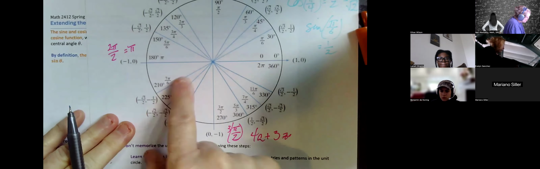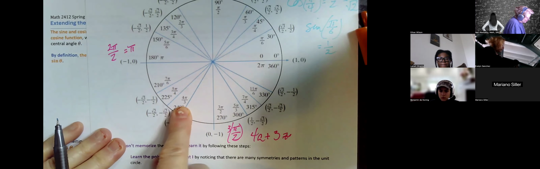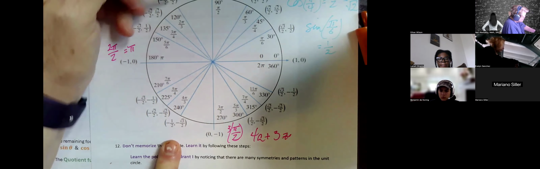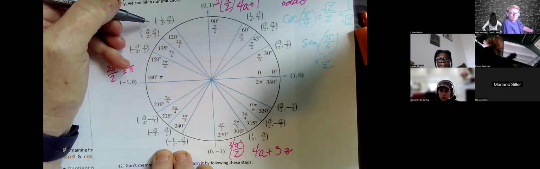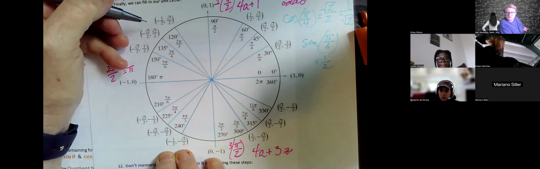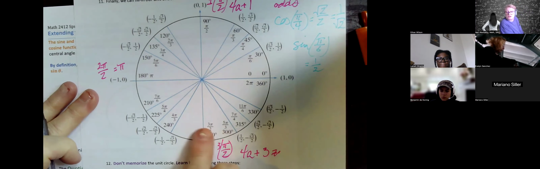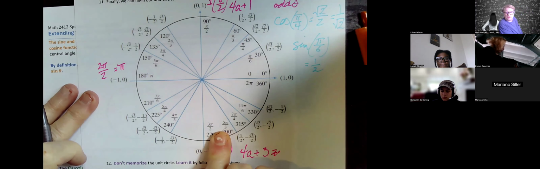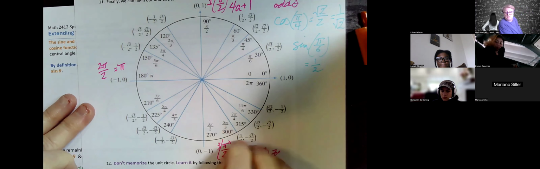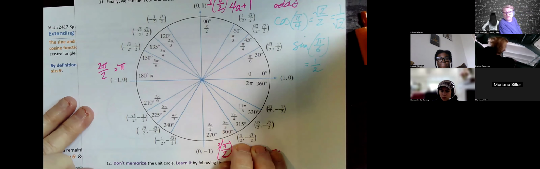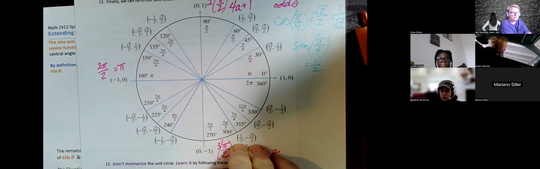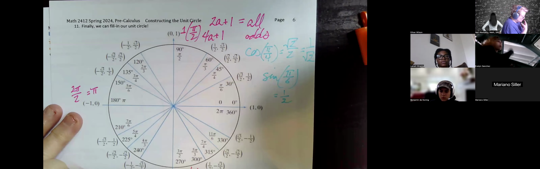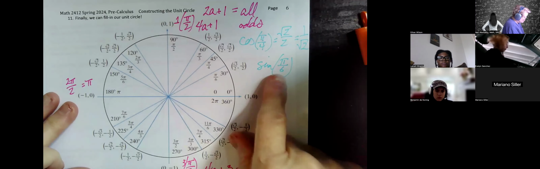Here's another place where we have a denominator of 3. The coordinates are the same, 1/2 and square root of 3 over 2, except we are adjusting for the signs of the quadrant. Here's another place where the denominator is 3, and we still have 1/2 and square root of 3 over 2, adjusting for the signs of the quadrant. And the same goes with all the others.